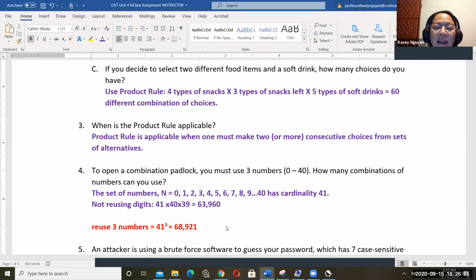But if the padlock requires not reusing the number, then that would be our answer. Do you have any question? Okay, no question?